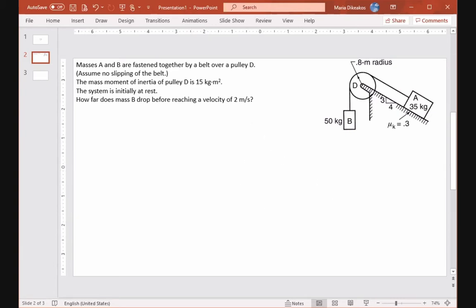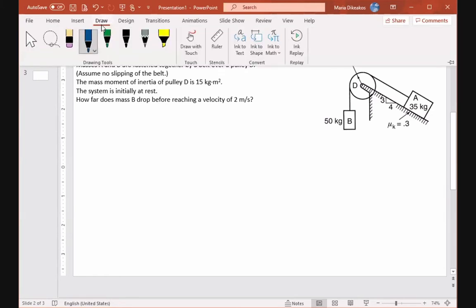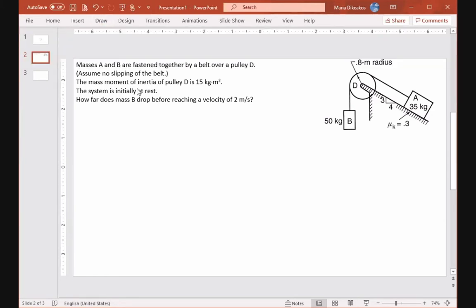So what do we do in this case? What is the first thing that we set up? Well, it's an energy approach in this case. So we are going to use method 1, conservation of energy. Actually, I'm just going to move this over because I want to have more space.